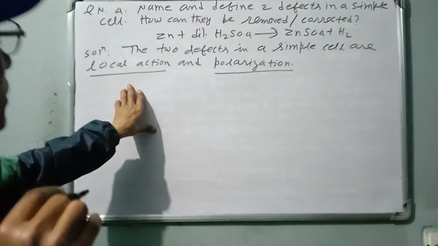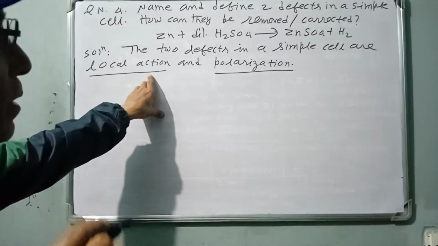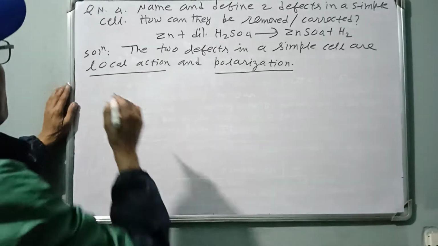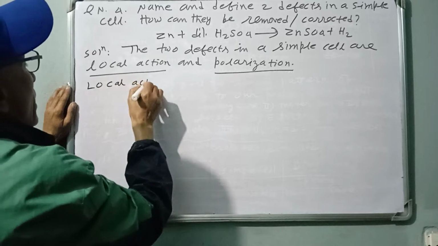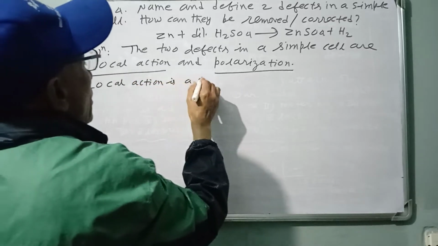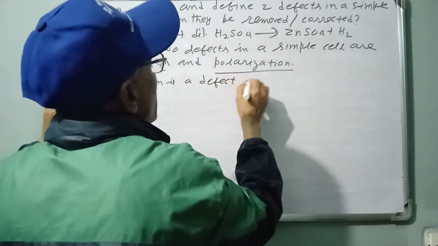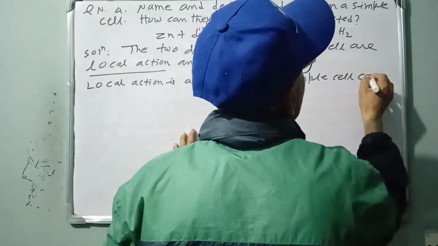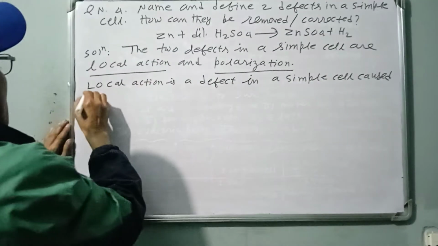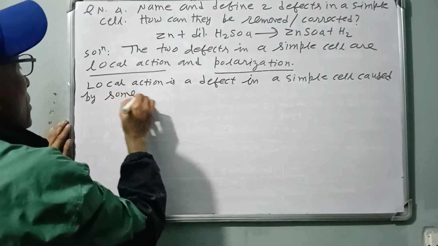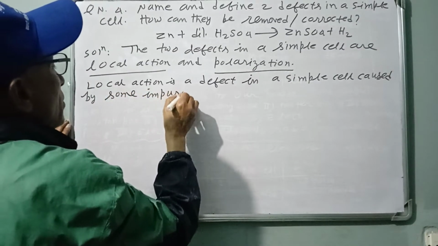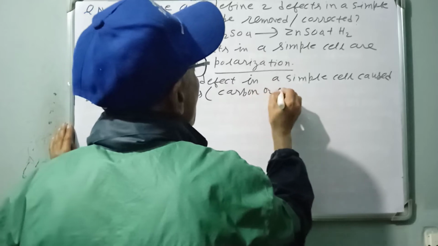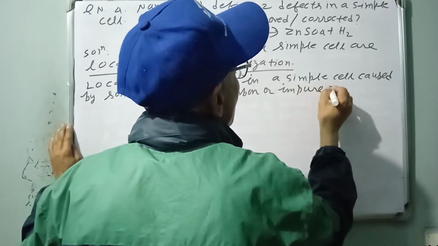What is local action? It is a type of defect in a simple cell due to impure zinc or impurities. Local action is a defect in a simple cell caused by some impurities, especially carbon or impure zinc.